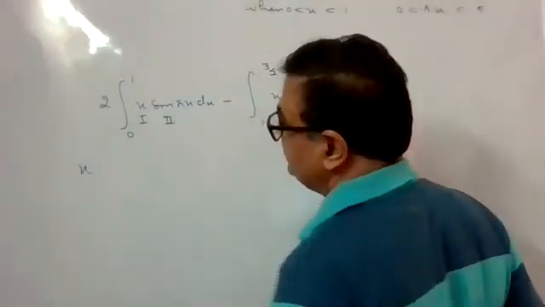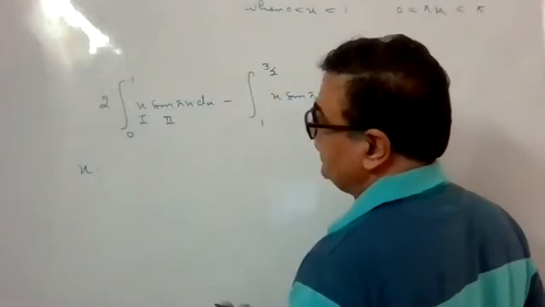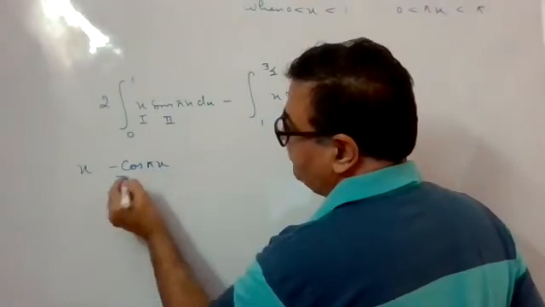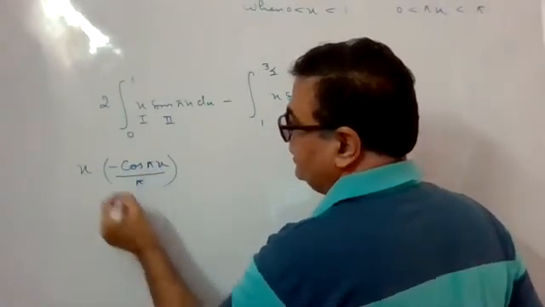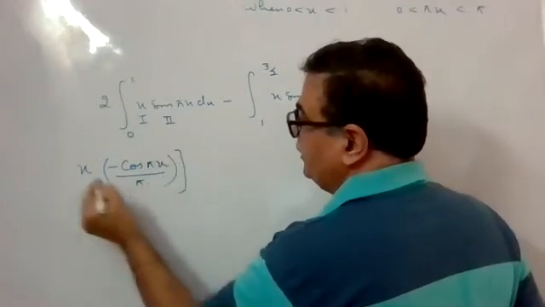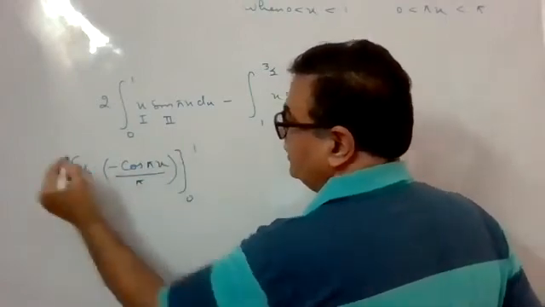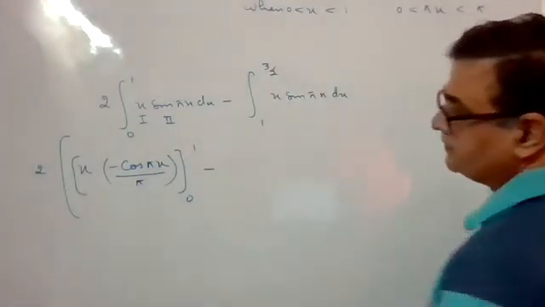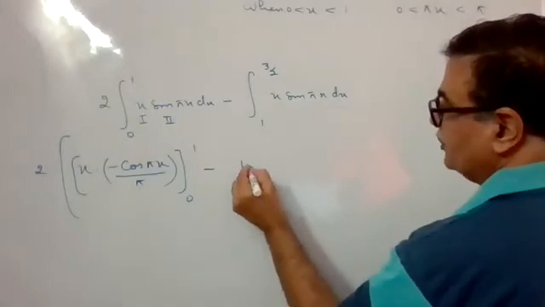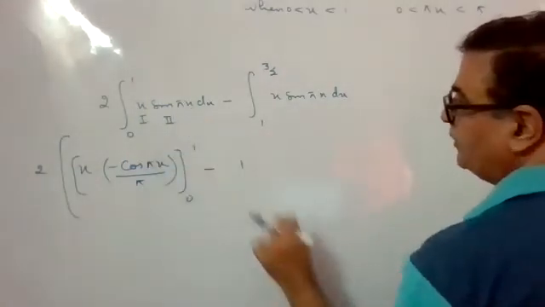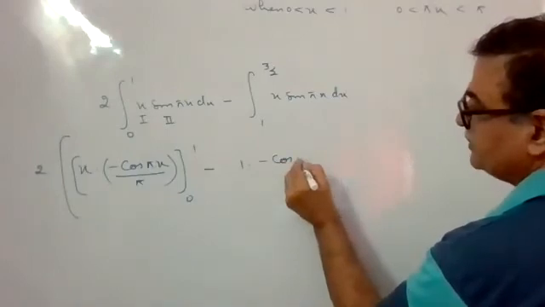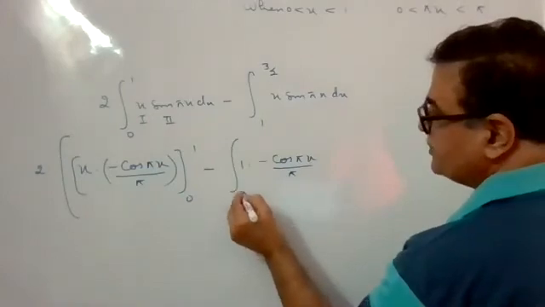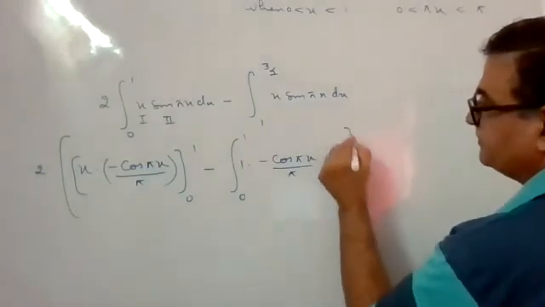First function as it is, इंटीग्रेशन ऑफ सेकेंड, sine pi x का इंटीग्रेशन क्या होगा, minus cos pi x by pi. This is the integration of second function. Limit will go from 0 to 1. यहां आपका ये 2 बाहर ही है. Minus derivative of first function 1, integration of second function that is minus cos pi x by pi, and then further integration of it 0 to 1, and then it is dx.